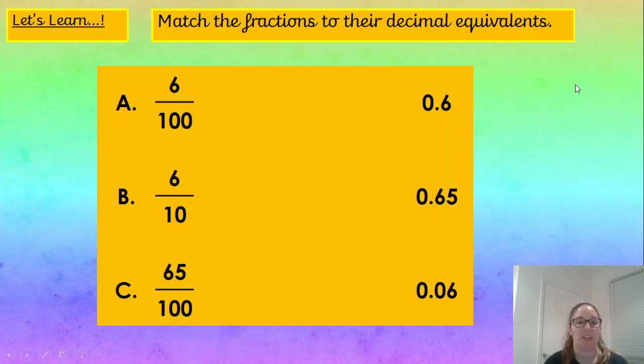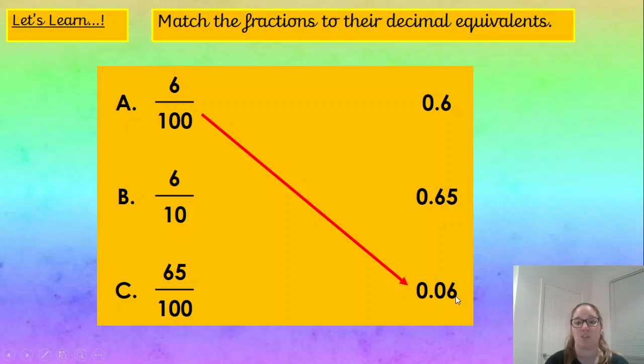Okay, so let's have a look. We've got 6/100ths. Is it going to be this one, 0.6, or this one, 0.06? It's going to be this one because we have got 6 out of 100. This is our ones, this is our tenths, and we haven't got any tenths in 6.